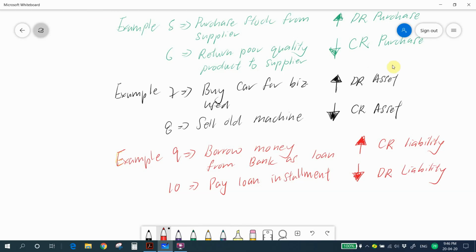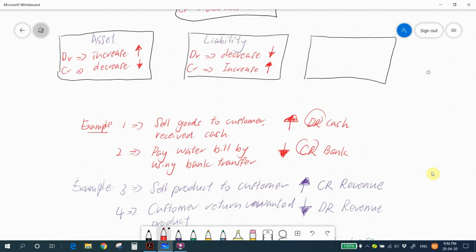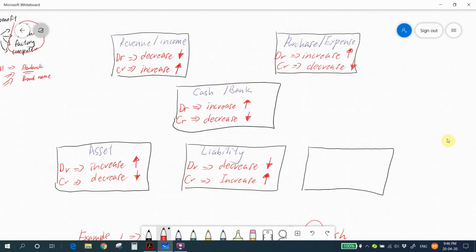And lastly, the last account that we want to discuss is equity. For equity, we debit the account when this is decreased.